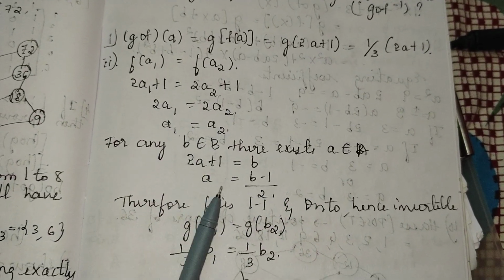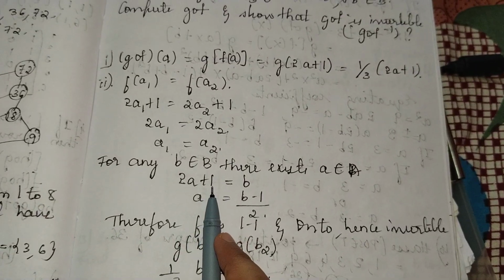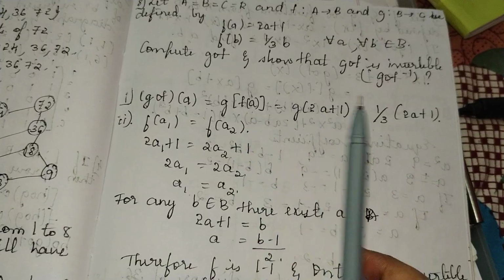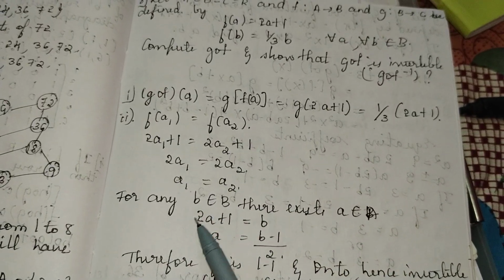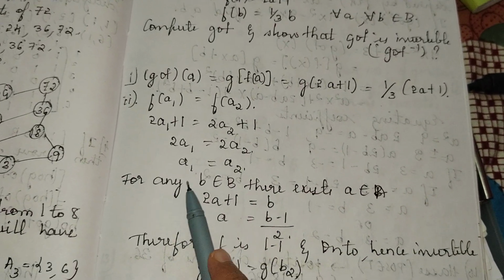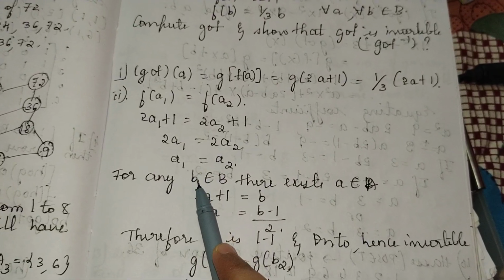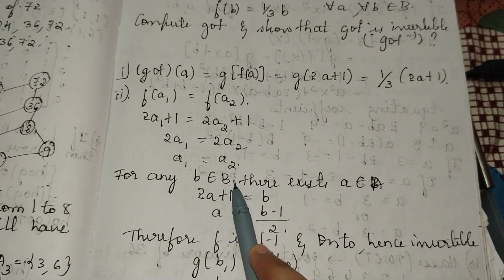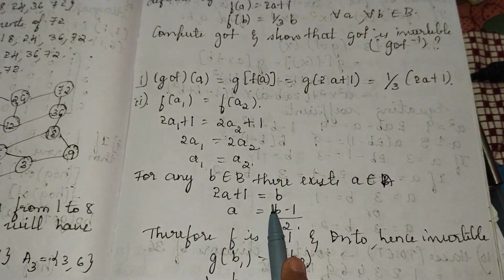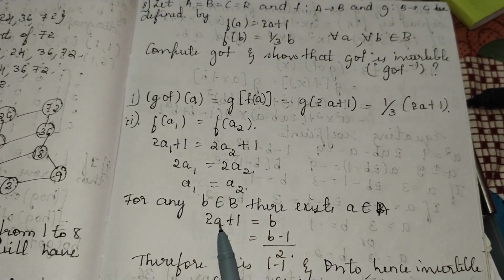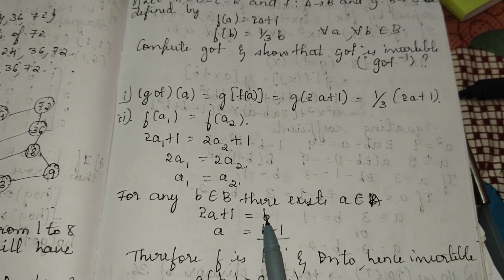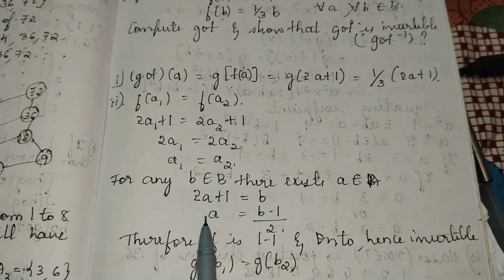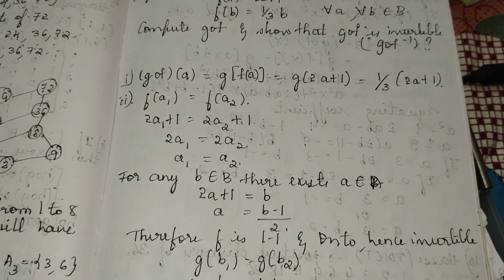Now similarly, let us assume that A is equal to B, right? So same thing here, you imagine that A is equal to B. That means every relation, I mean subsets, will belong to the relation capital B, which means take 2A plus 1 is equal to B. We will assume that whatever B set is there, that is equal to A. And now you will get some equation for A. Keep it as it is.